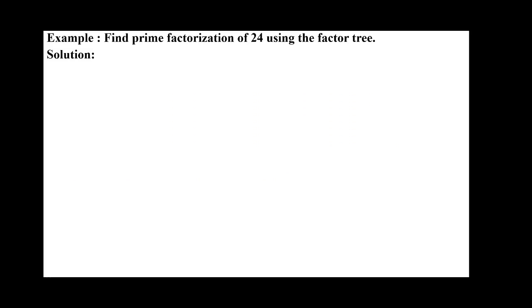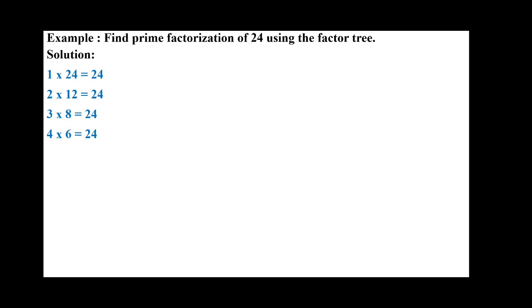Find prime factorization of 24 using factor tree method. There are 4 possibilities to get the number 24. 1 24s are 24, 2 12s are 24, 3 8s are 24, 4 6s are 24.